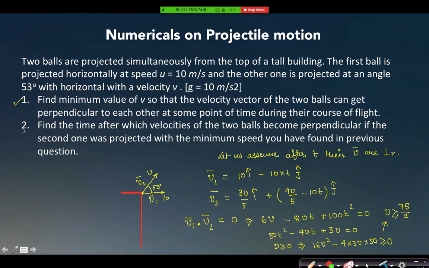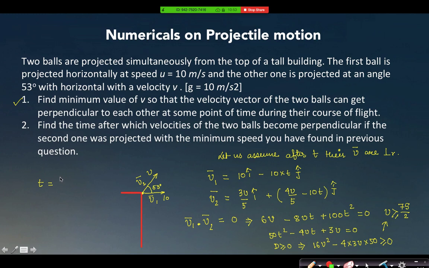Now the second question says find the time after which the velocities will be perpendicular, if the value of v is 75 by 2. If you take v as 75 by 2, its discriminant will definitely be 0, because I found the value by making the discriminant greater than or equal to 0. If the discriminant is 0, what is the solution of the quadratic equation?